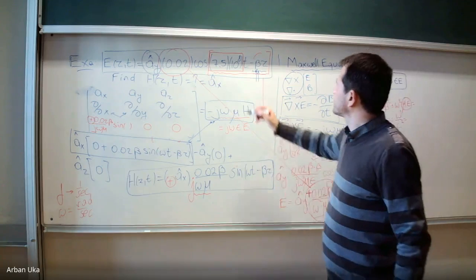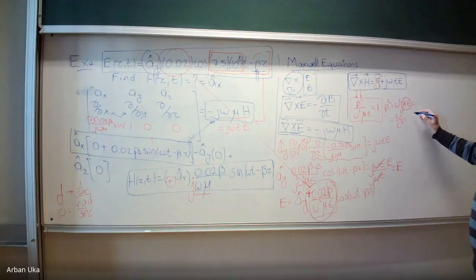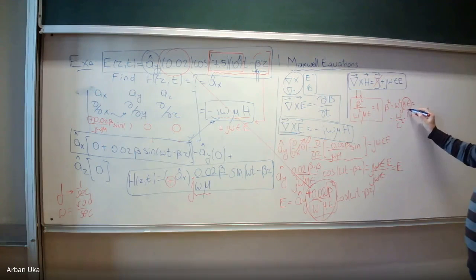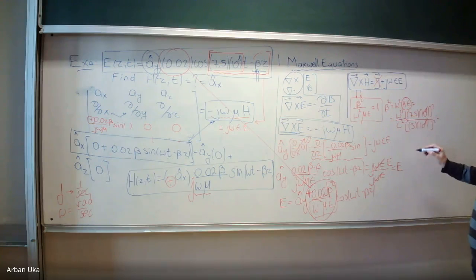Which means that this omega here is 7.5 times 10 to the power 8, whole squared, divided by 3 times 10 to the power 8 again whole squared. So this 10 to the power 8 cancels, 7.5 divided by 3 we get 2.5 whole squared. So beta squared is equal to 2.5 whole squared, which means that beta is equal to 2.5.